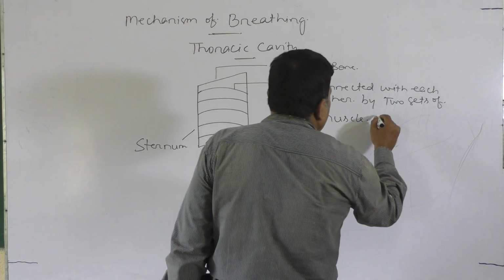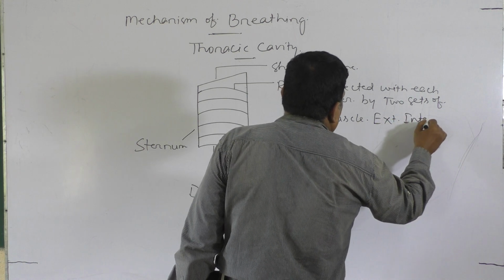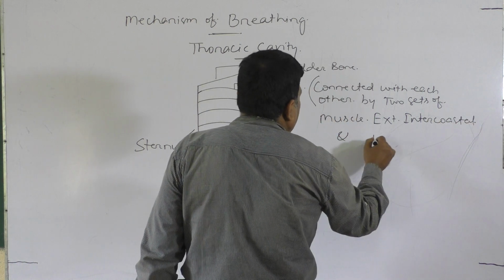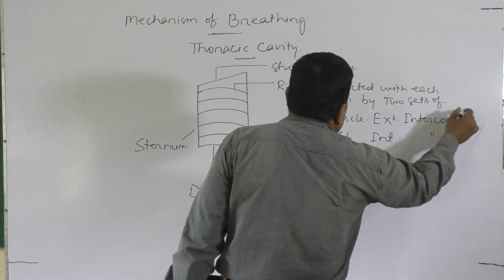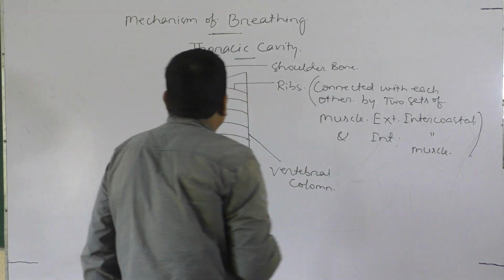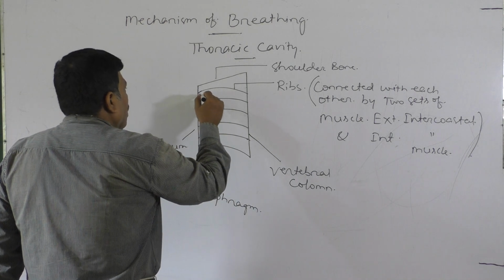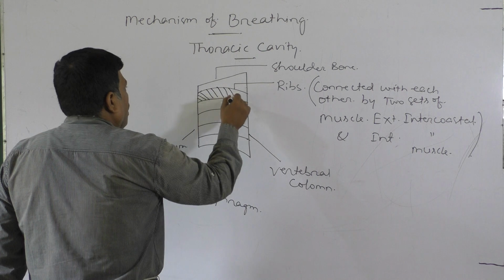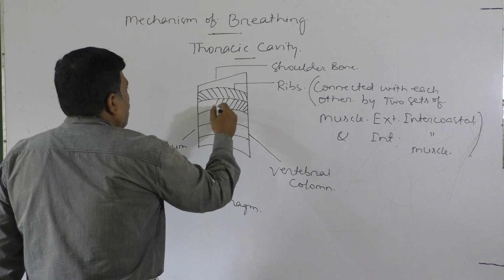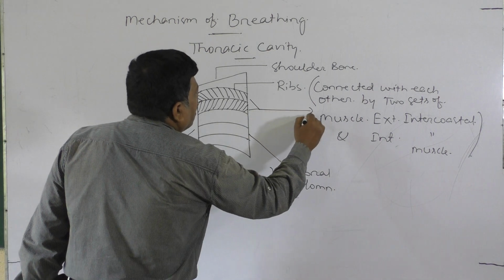One is external intercostal muscle, and internal intercostal muscle. These are the muscles.